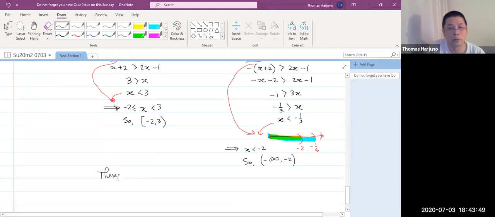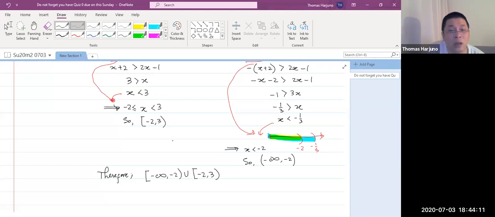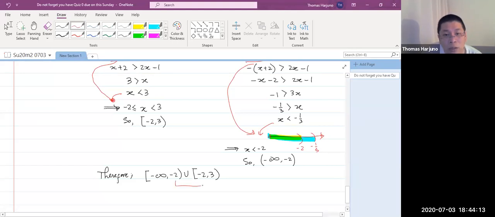Therefore, the solution is -infinity up to -2 union -2 up to 3. Oh, hold on. But these two intervals are actually connected. One of them has a parenthesis, one a bracket.